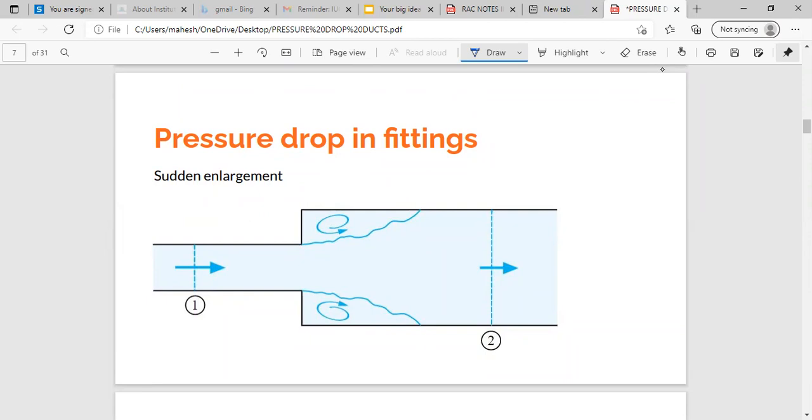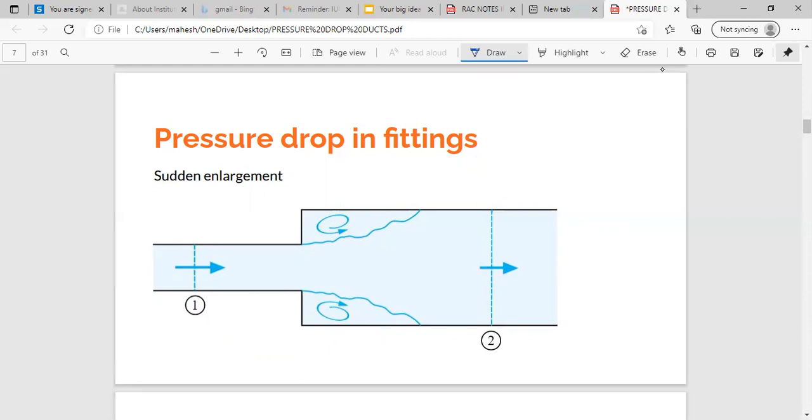These fittings include sudden enlargement, which is shown here, contractions, as would be shown in the next slide, elbows, branches, dampers, filters, and air registers. The air pressure drop in these fittings must be known in order to design a system properly.